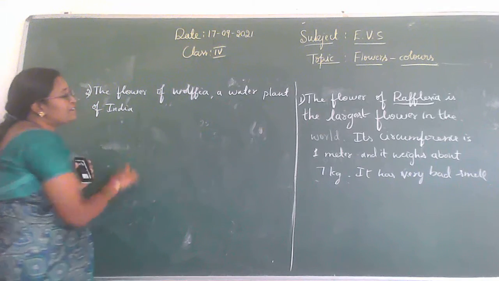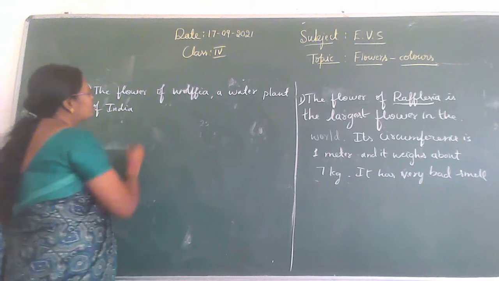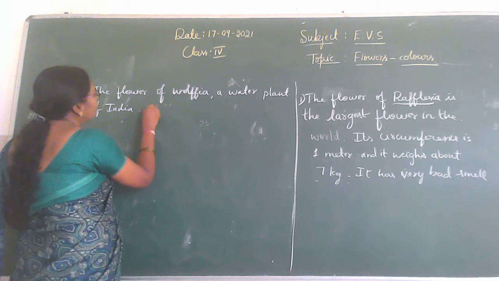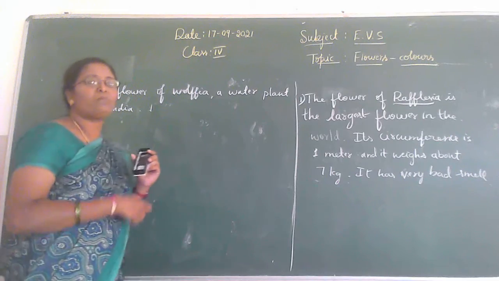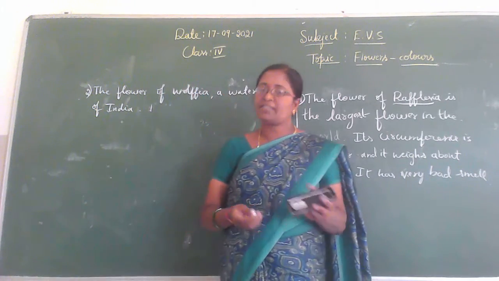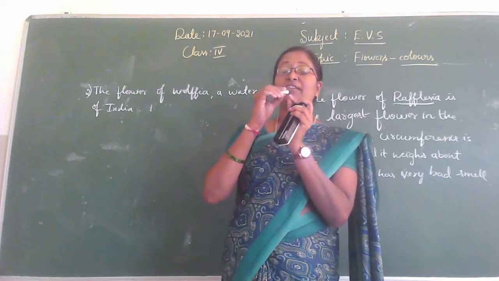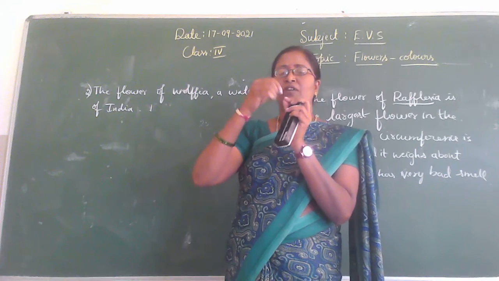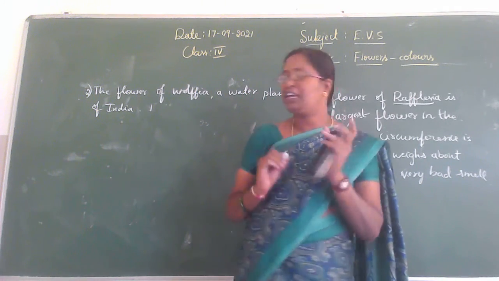Wolffia. It bears the smallest flower. Is it? A number of Wolffia flowers can be placed on the tip of the needle, on the needle, on the tip of the needle.